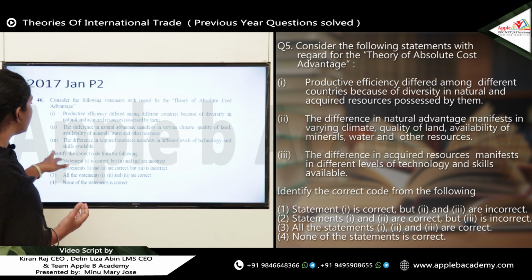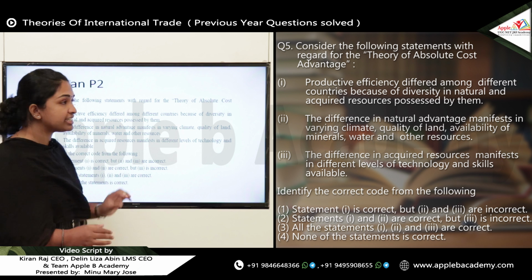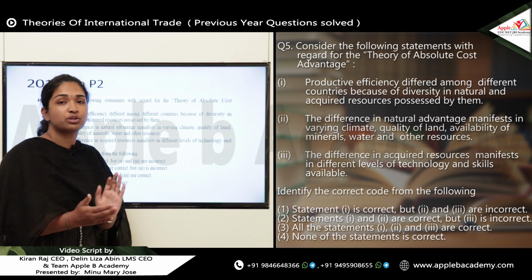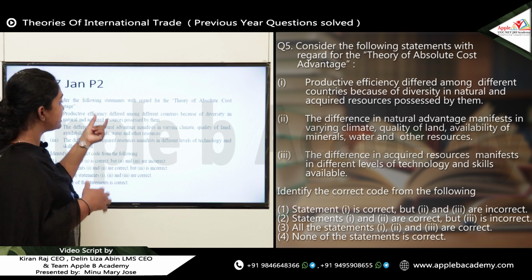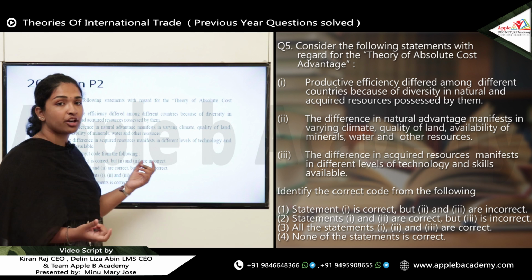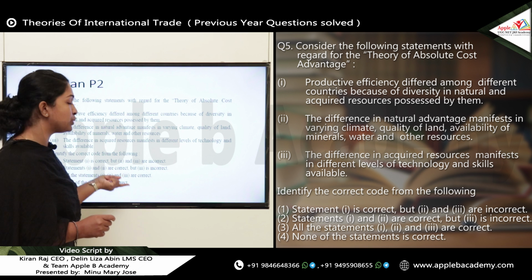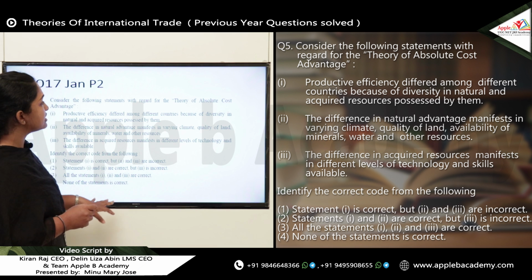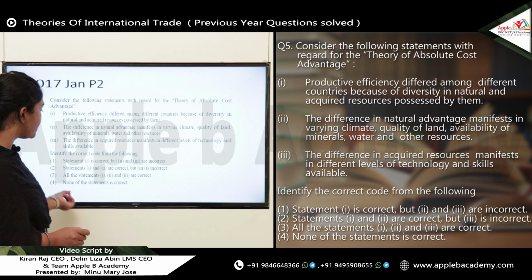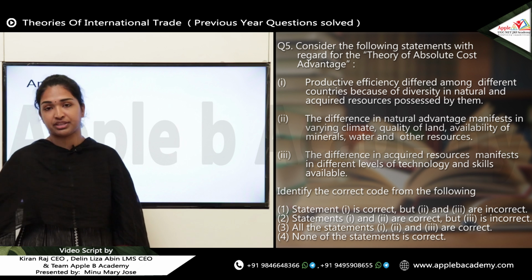Since all three are interrelated, and options 2 and 3 are exactly the explanation given to option 1, we can say that all three are exactly the concepts which are discussed under the theory of absolute cost advantage. So all the statements 1, 2 and 3 are correct in this case. That means the answer would be option 3: all statements 1, 2 and 3 are correct.